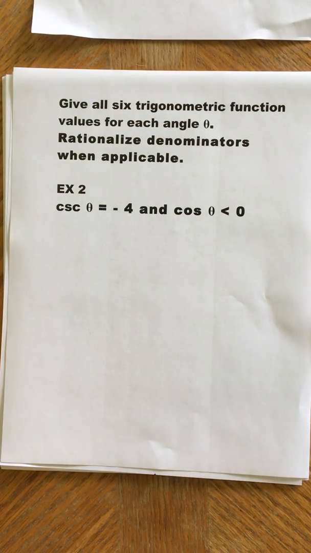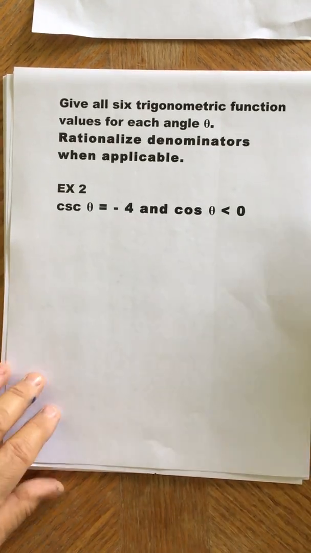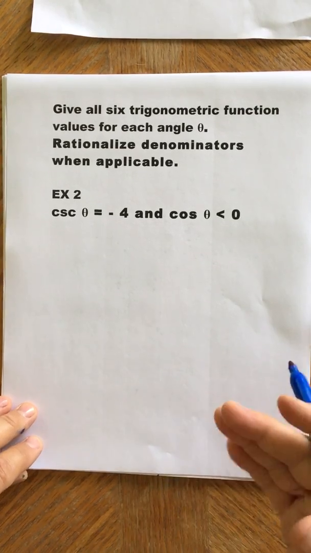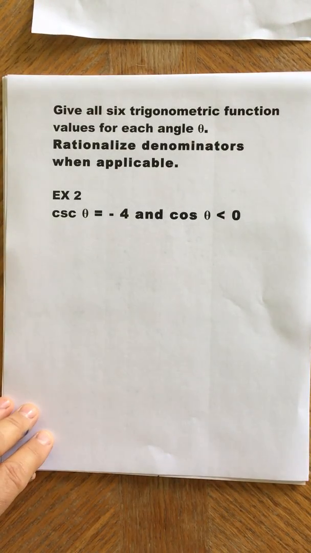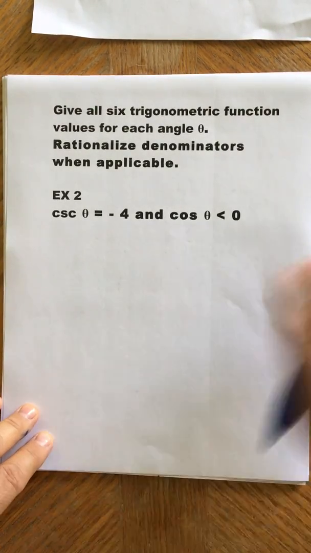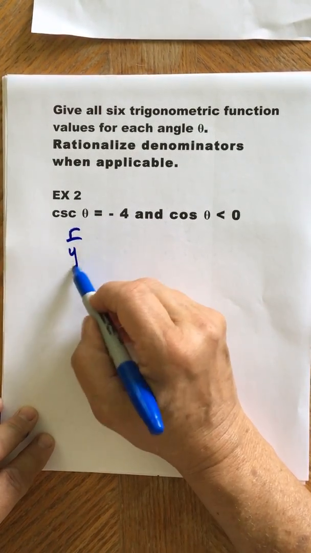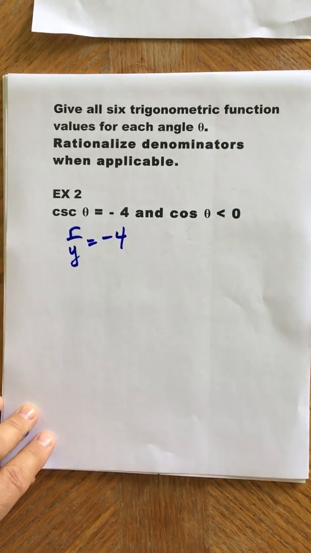again, something where you have to give all 6 trigonometric functions, and this is the information you're given. Cosecant of that angle is negative 4. Cosine of that angle is negative. So we know the definition of cosecant is r over y is negative 4.